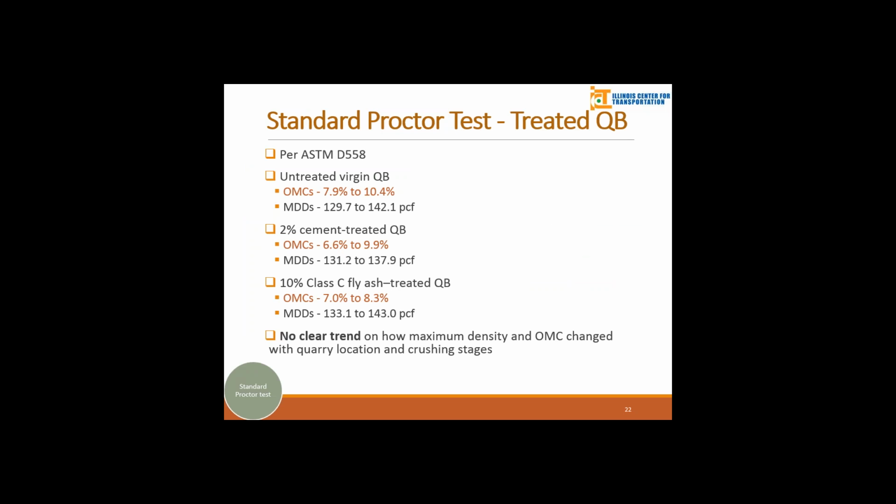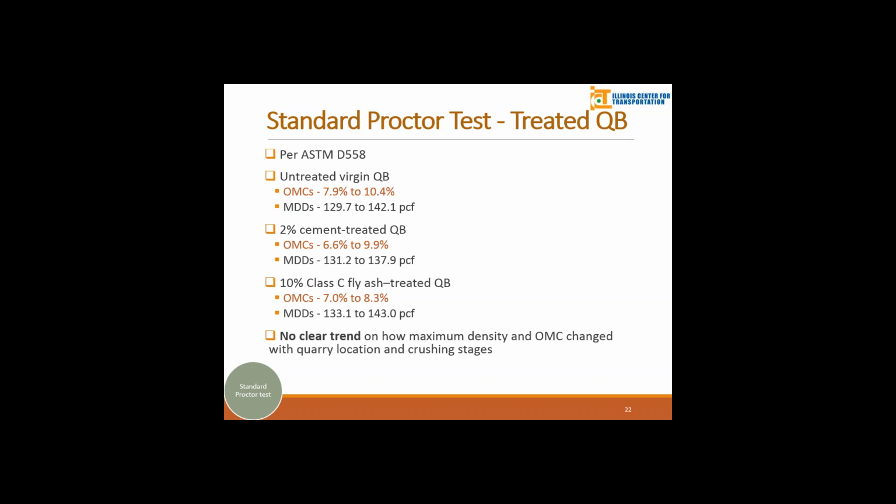Similarly, we conducted the standard Proctor test for the treated quarry byproducts. To remind, the untreated QB samples have optimal moisture content and maximum dry density as shown first. With the stabilizer of 2% cement, the optimum moisture content decreases a little bit to 6.6% to 9.9%, and for the maximum dry density, the lower end increases a little to 131.2 pounds per cubic foot.